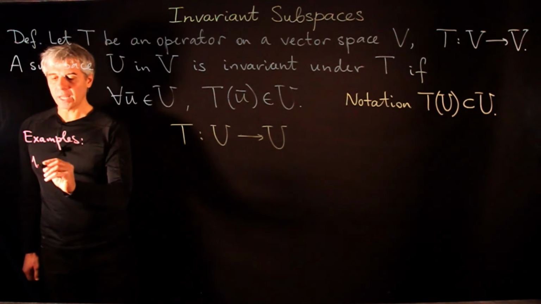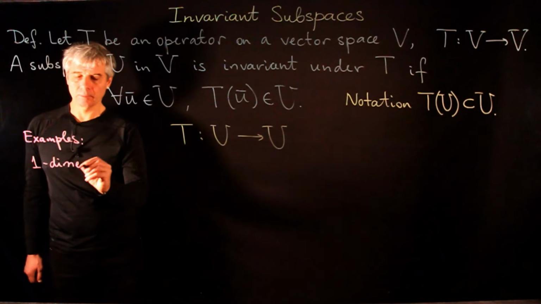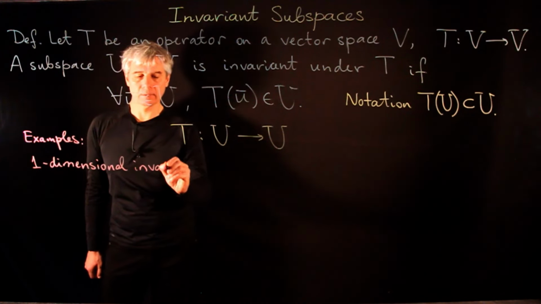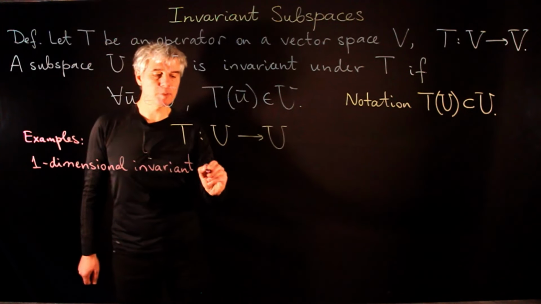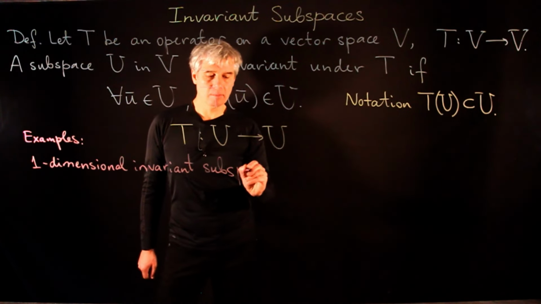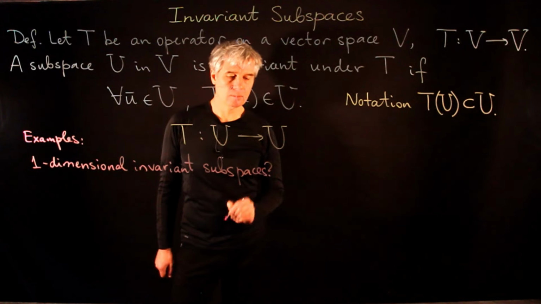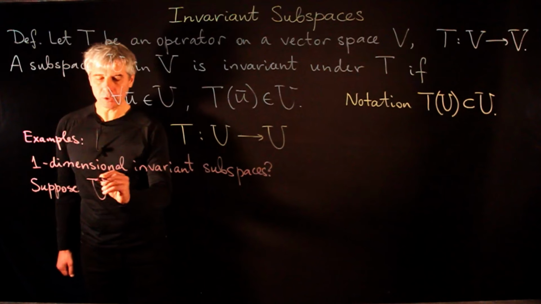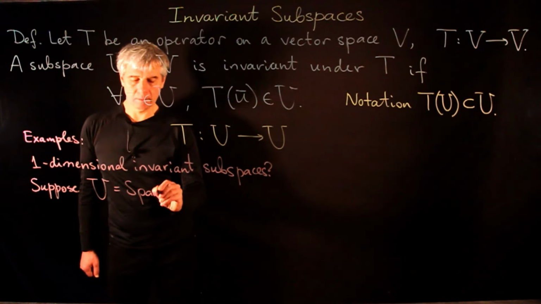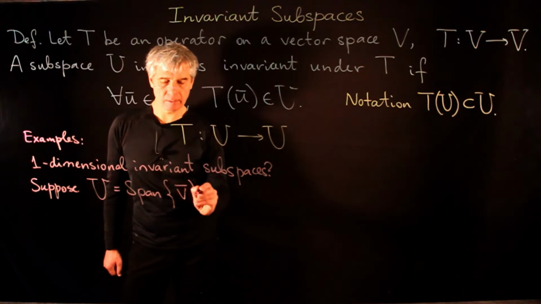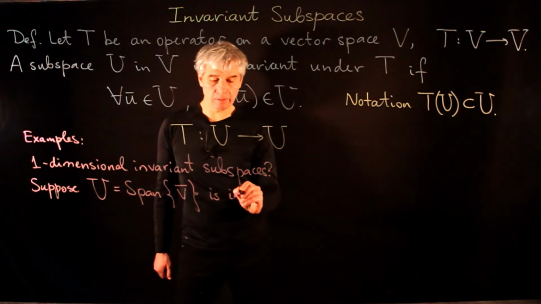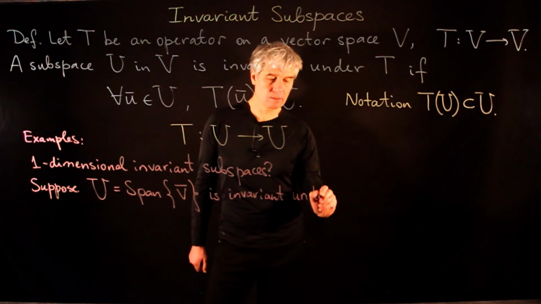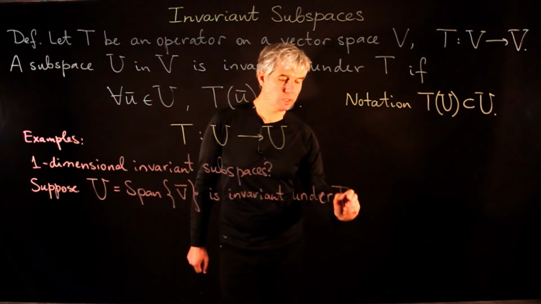So what are one-dimensional invariant subspaces? Suppose a one-dimensional space U, which is spanned by a single vector v, is invariant under T. So what does it mean?